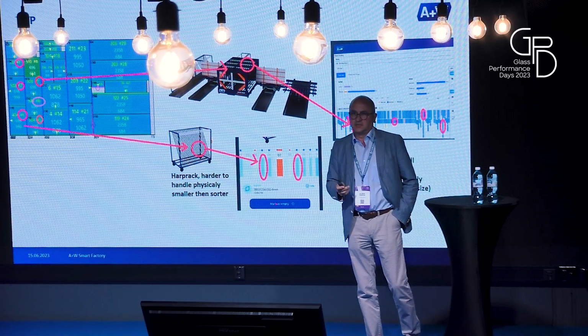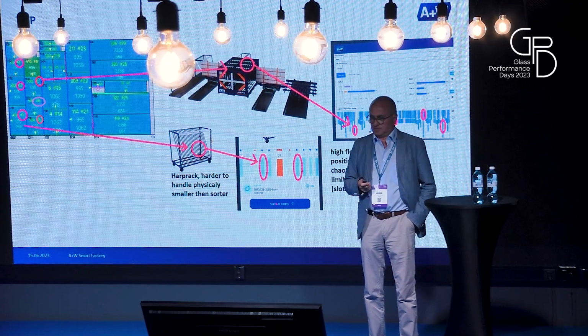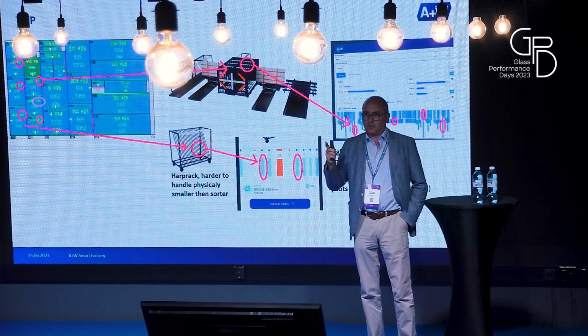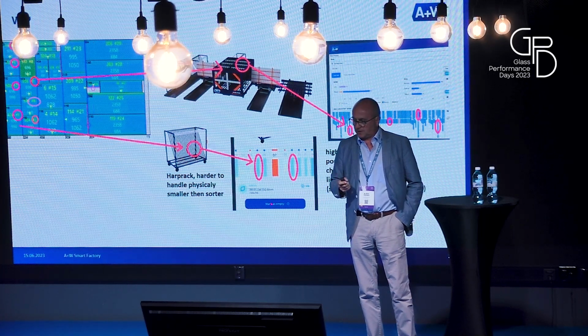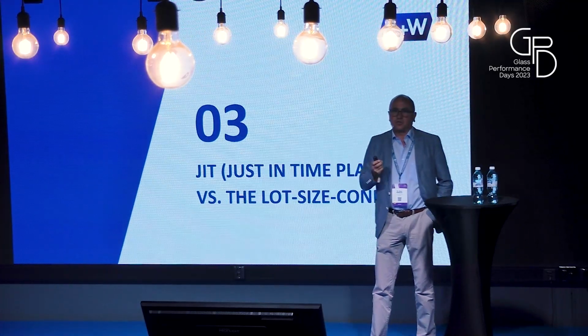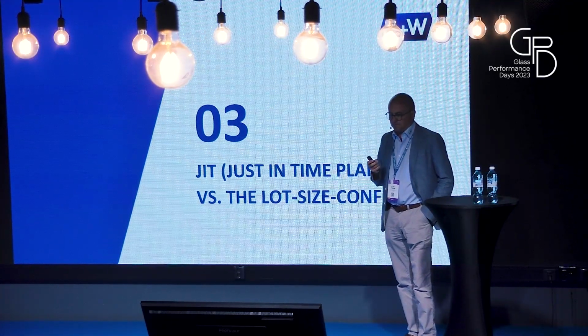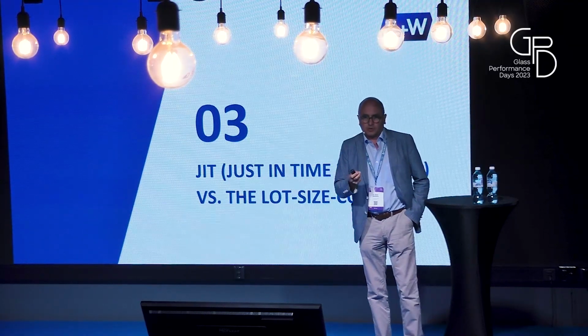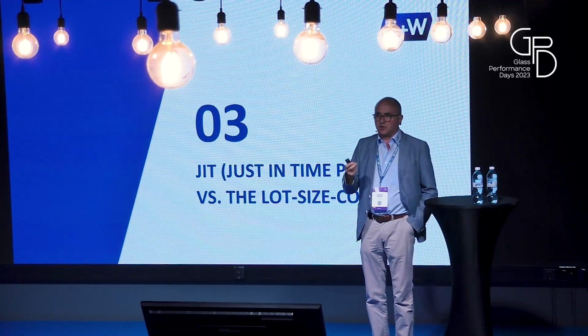The main part why we get this conflict is due to the way we do the planning and how we organize our production. This is something we have to keep in mind, and that's why it's important to spend a moment thinking about the principles we use to plan our production and to actually schedule what we do there.